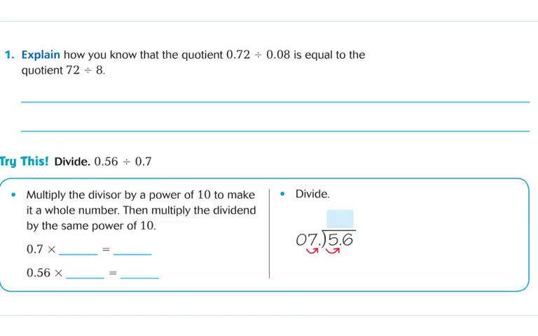So, boys and girls, it says, explain how you know that the quotient 72 hundredths divided by 8 hundredths is equal to the quotient of 72 divided by 8.